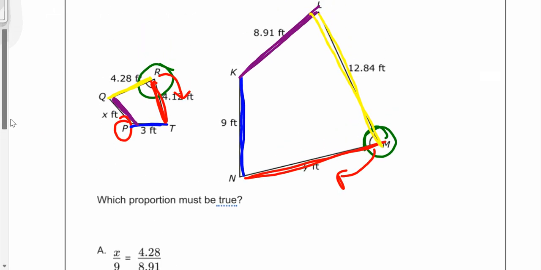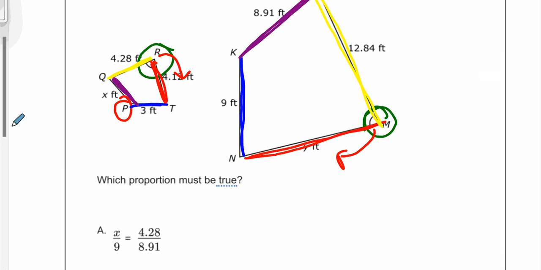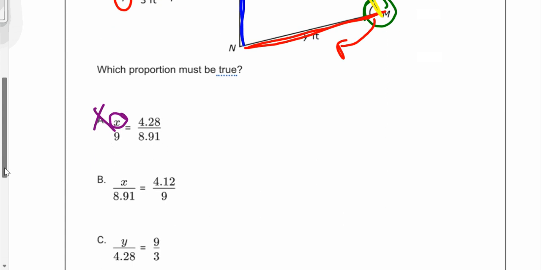We want to make sure my corresponding sides are together. So x and 4.28 are on the same shape, but my x here should be going with 8.91. So A is not my answer because 8.91 should be with x.